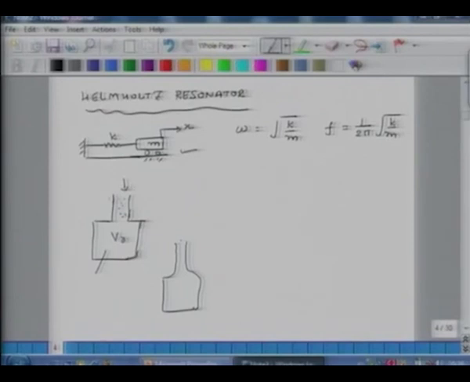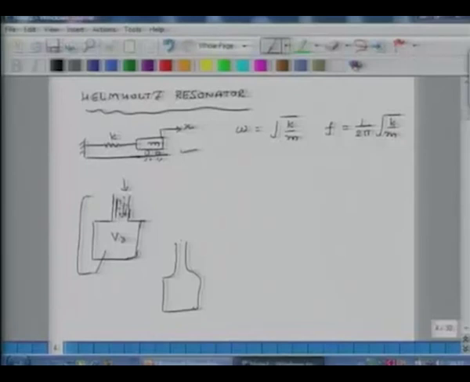Similarly, if you press a bottle or a device like this, if you press the air in it, and after a time you release that pressure, all of a sudden the acoustic mass in this part will move back and forth. And in theory, it will move back and forth for an infinite amount of time at a natural frequency, which we will calculate, because you have a spring here and you have mass here.